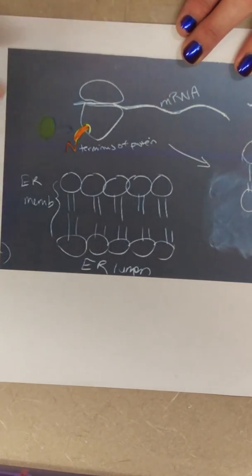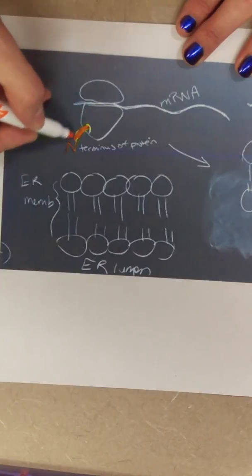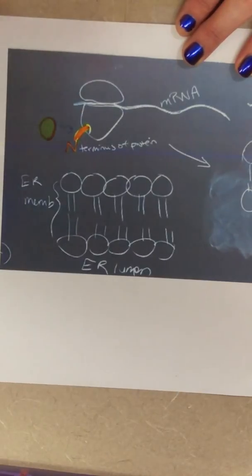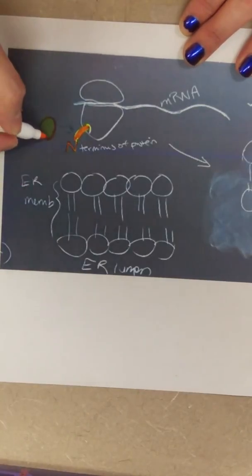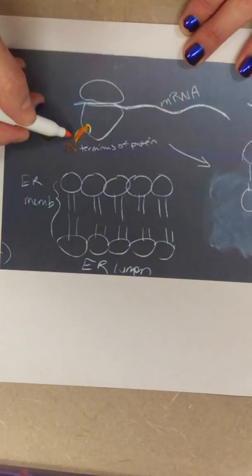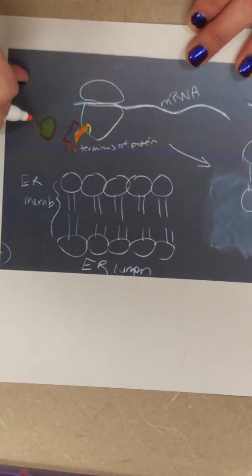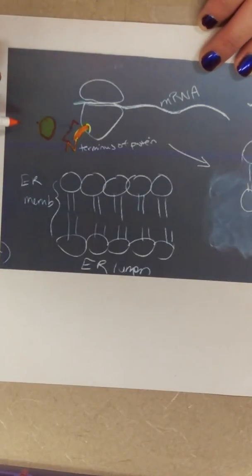Okay, moving on. Once this is translated, then another protein, which we didn't discuss in class, so you don't need to know this, but just for your own background, another protein comes and recognizes this localization signal. This is the signal recognition particle. It is mentioned in your textbook.